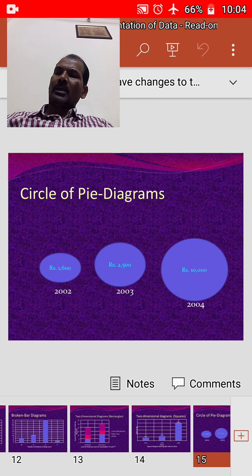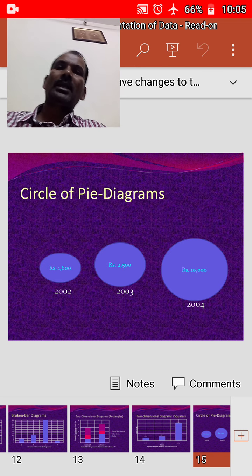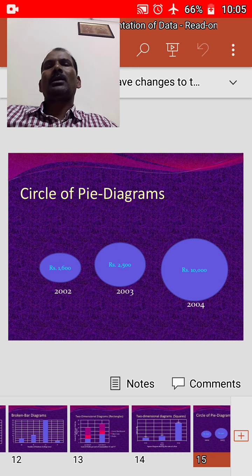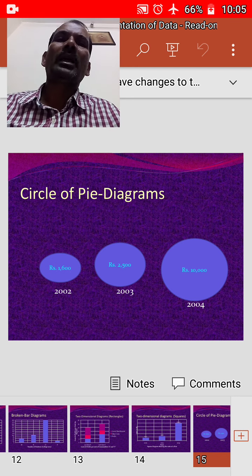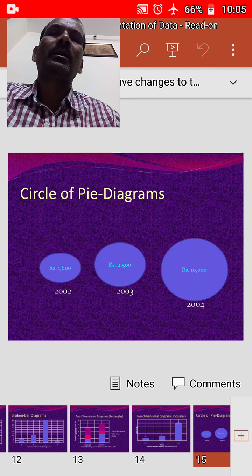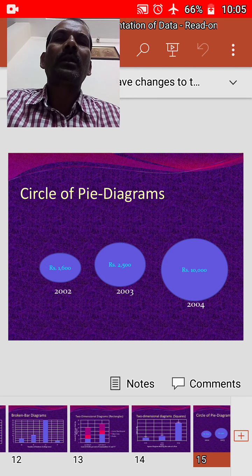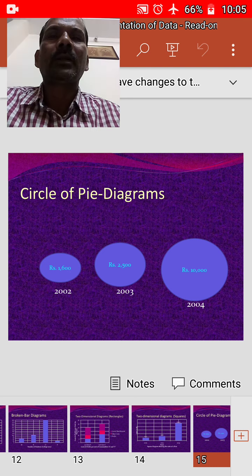Construction of a pie chart requires the following steps. One, take the total value of the item as equal to 360 degrees. Convert all the components of the data into degrees. Draw a circle. The size of the radius of the circle can be determined on the basis of the space available and other rules of diagrammatic presentation.